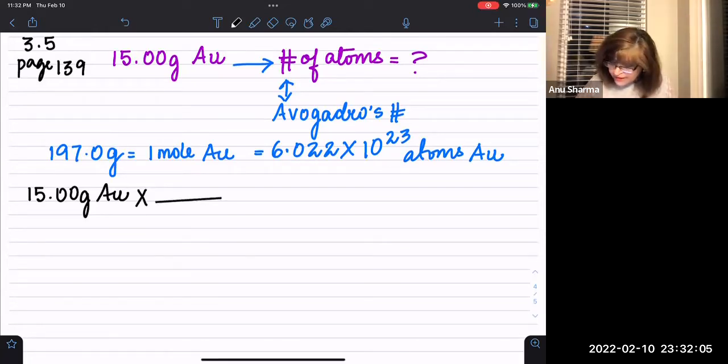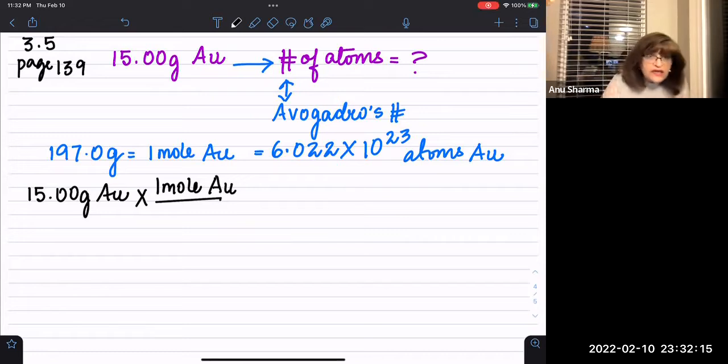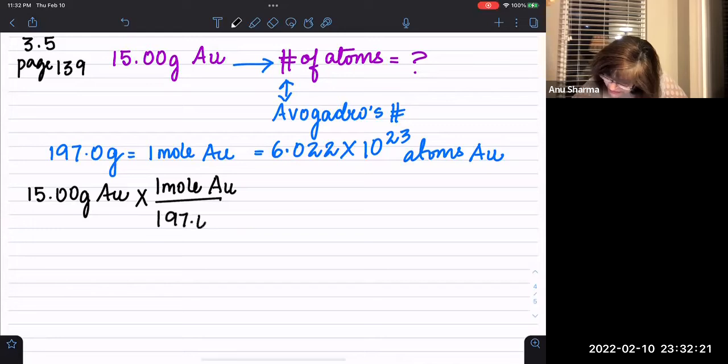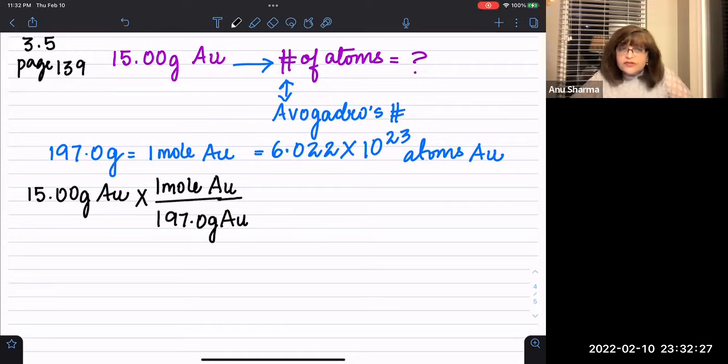You can also do it directly, but let's convert it to moles. Because we want to cancel grams, you write in the numerator 1 mole of gold, and in the denominator 197.0 grams of gold. So the first step is converting grams to moles.